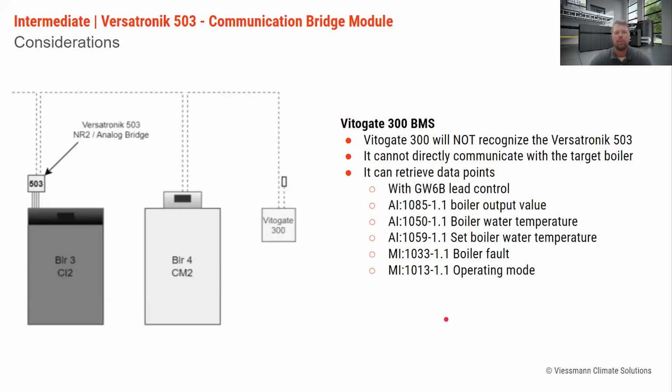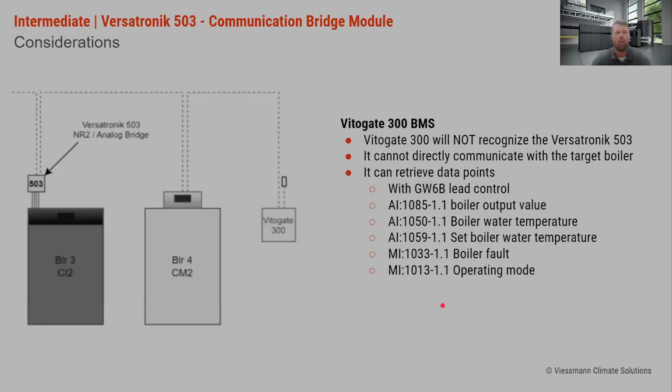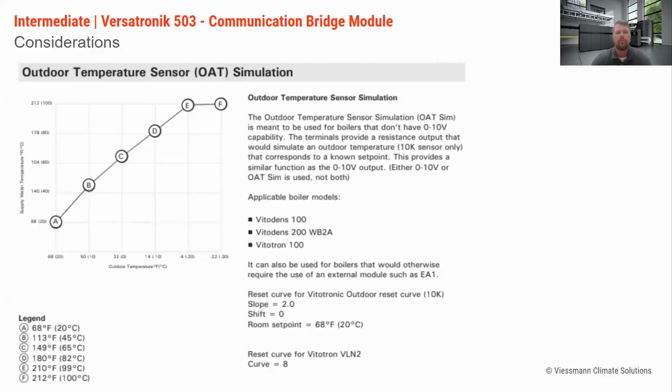So you can read what's going on, but you won't be able to write or do anything to that Versatronik 503, but it will report your information back to it with your output values, water temperatures, boiler faults, and operating modes. You can still get those read-only points.